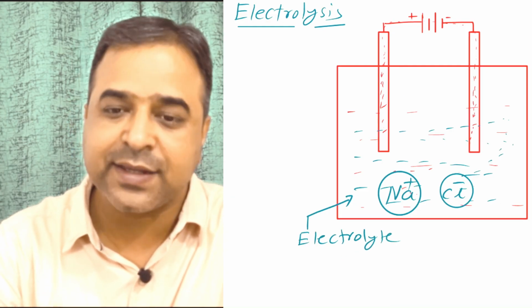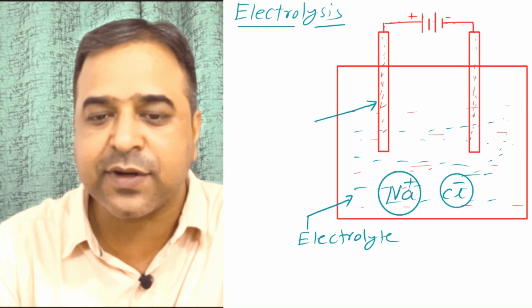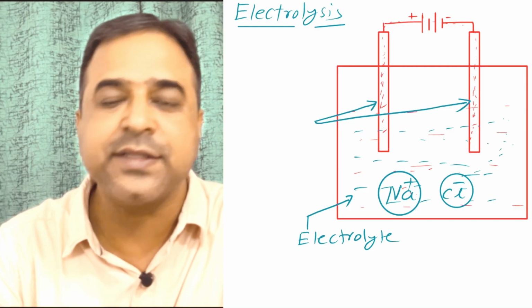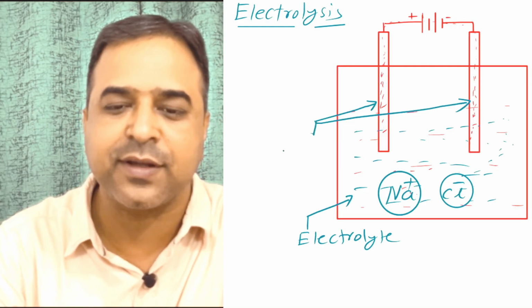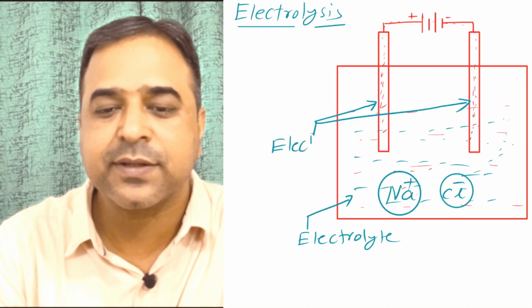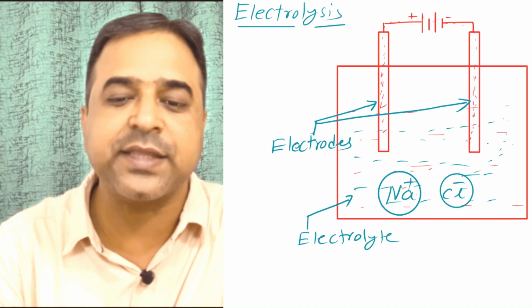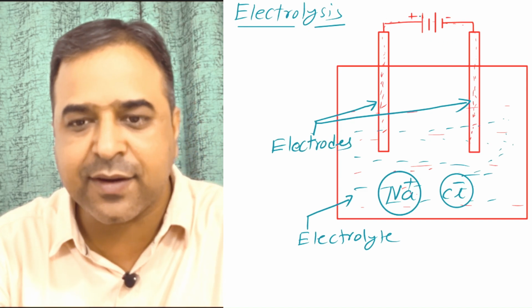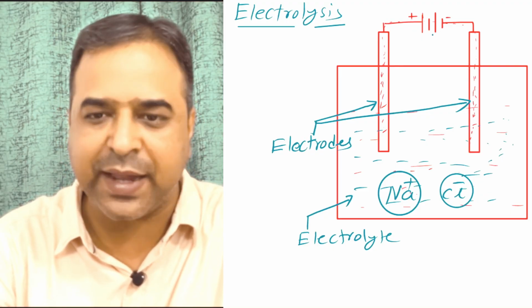After that, you see these rods. You can see this one as well as this one. They are called electrodes in general. So these are the electrodes. And here you can see this is the power supply, or you can say battery.